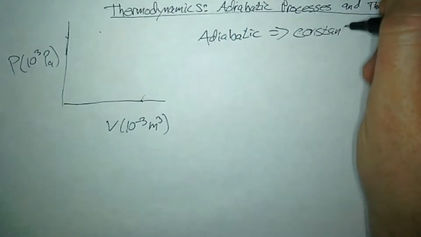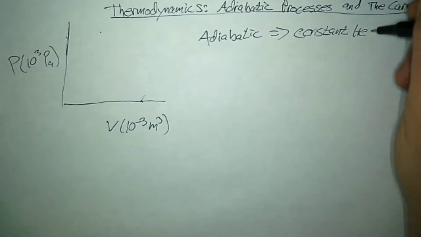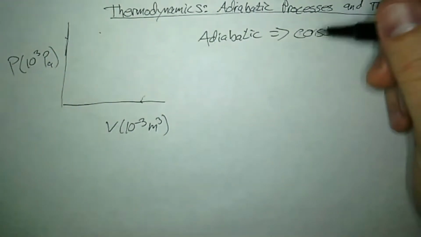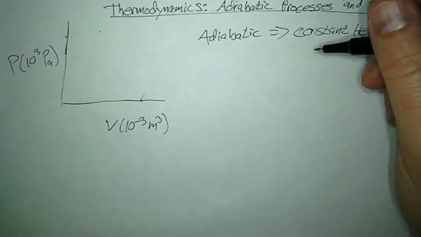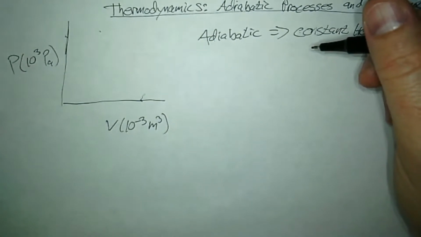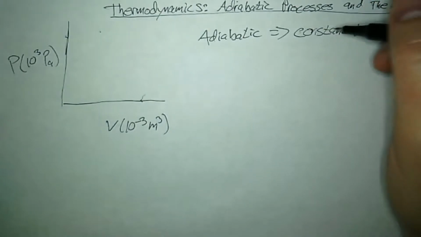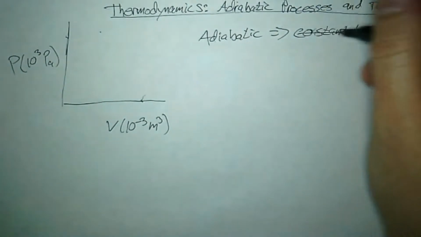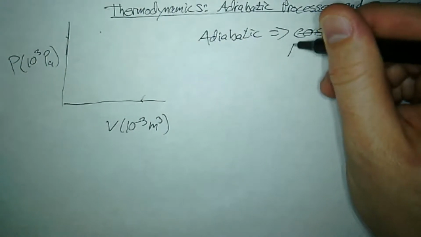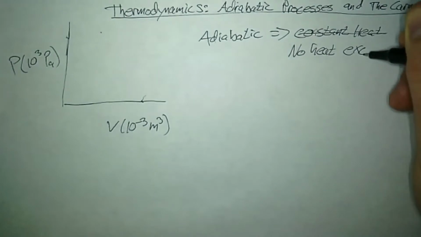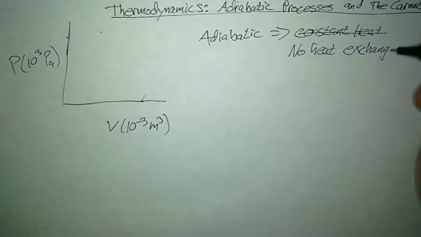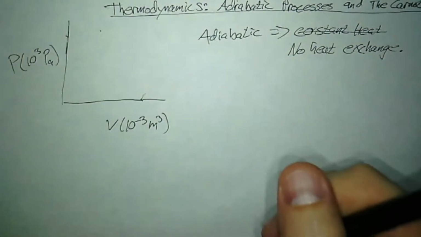So heat isn't flowing is a better way of saying it, because when we say heat in physics, we don't mean any specific type of energy. We mean a method of energy transfer. So maybe a better way of saying this is no heat exchange. It's probably a better way.